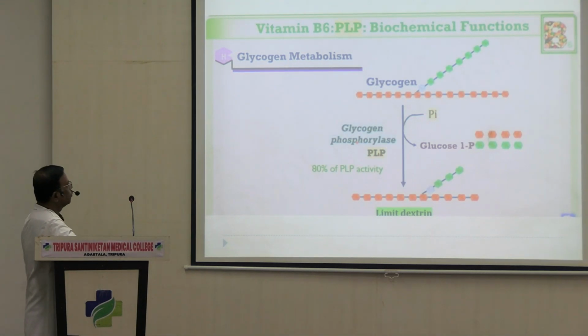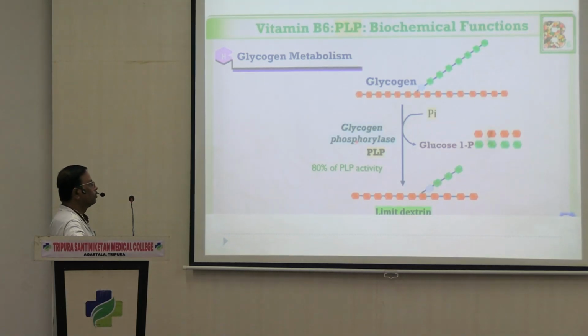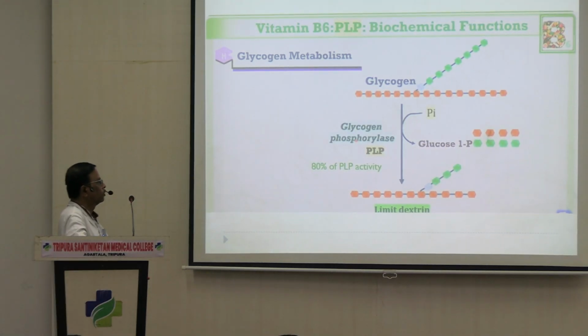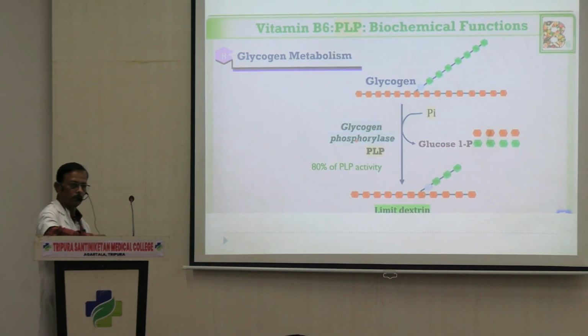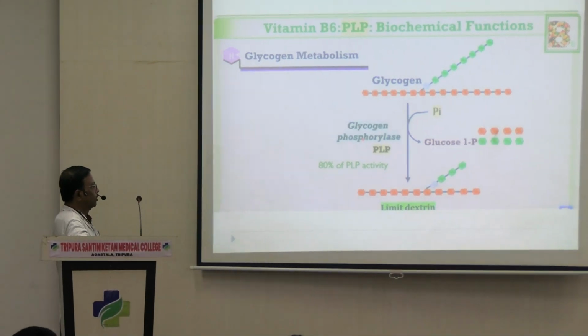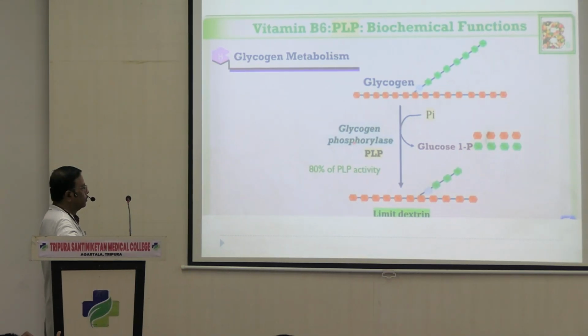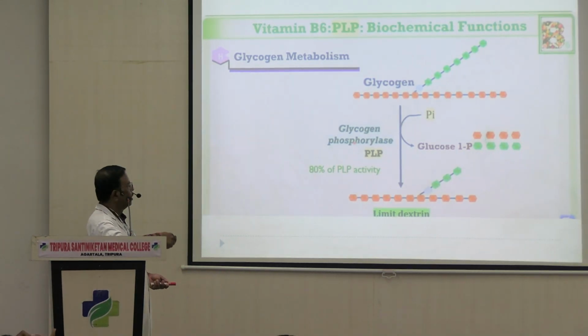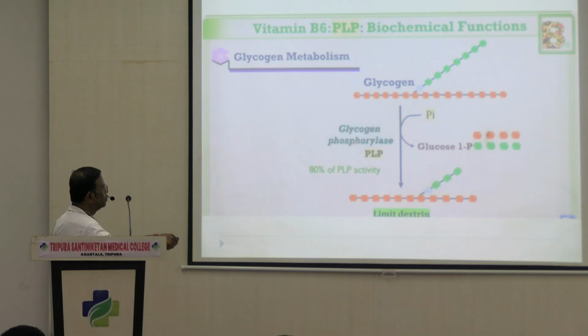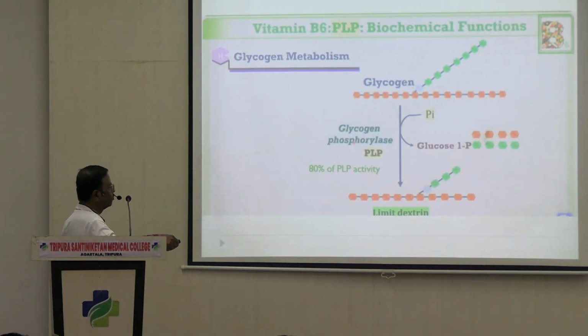Now in glycogen metabolism, as we know, glycogen is the stored form of glucose in the muscles. When the situation arises, the glycogen undergoes glycogenolysis, and it releases glucose 1-phosphate.